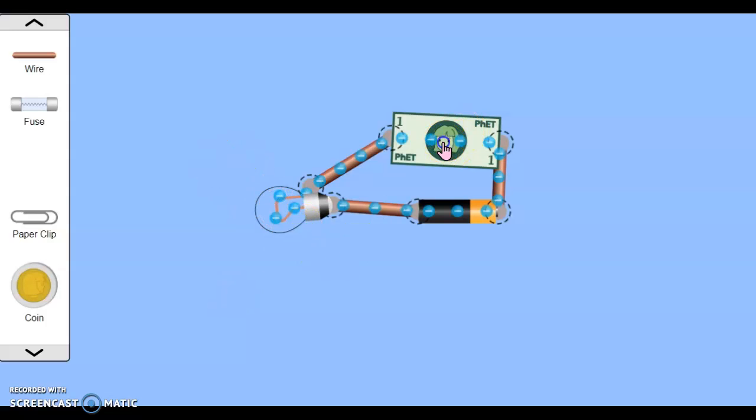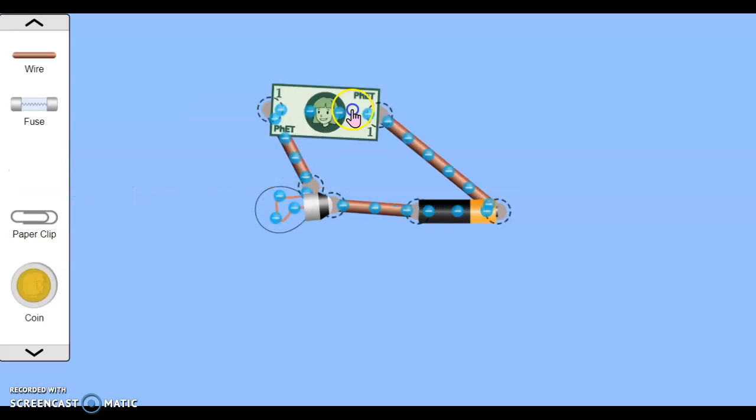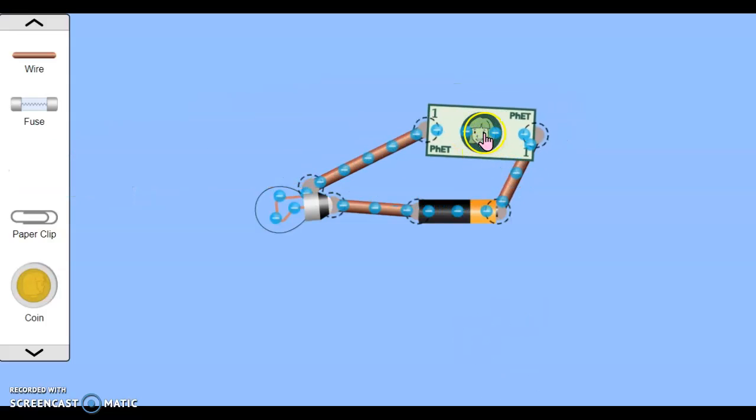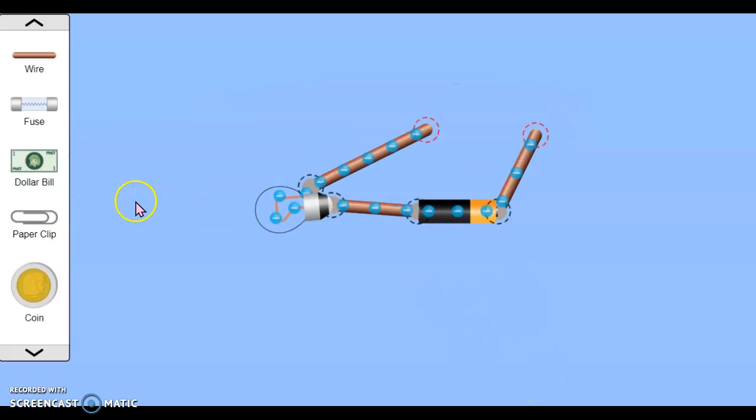So that dollar bill is an insulator because it's not allowing the electrons to flow through it, and thereby there's no light in our bulb. It's not lit.